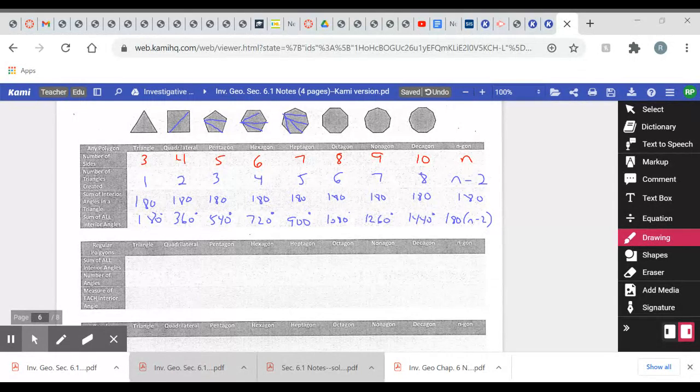Okay. If we look down at the next part, it says sum of all the interior angles. So those numbers we just got up above, I can write down here. And then we're going to do something else with them.